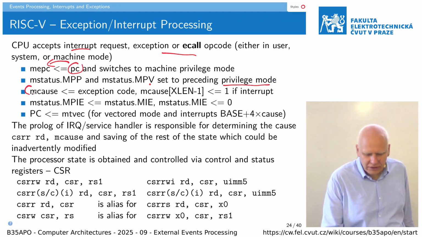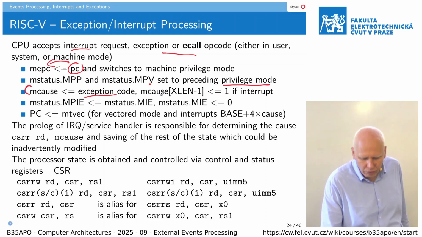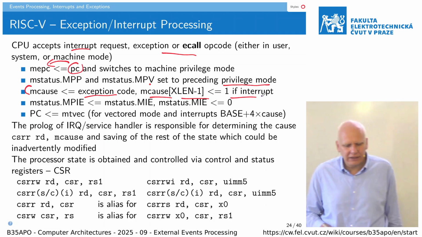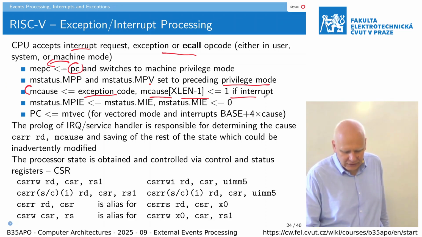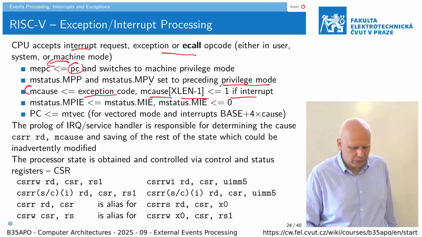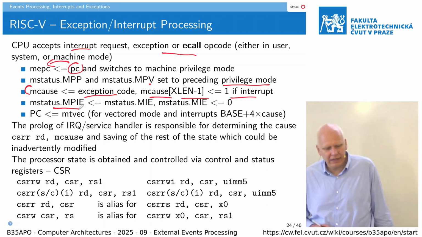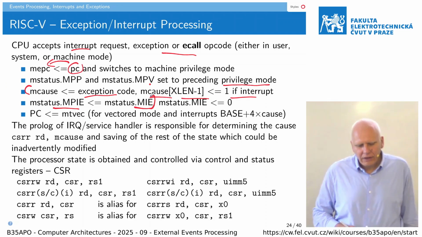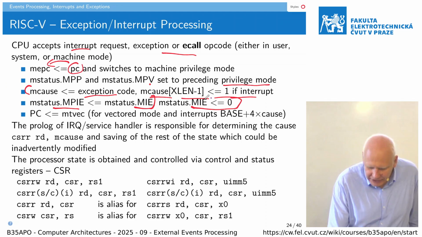The mcause register is set to the exception code, and the most significant bit is set to 1 if it is an external interrupt; if it is a synchronous exception, then it is set to 0. And the previous interrupt enable is set to the global machine interrupt enable bit, and this bit is set to 0.